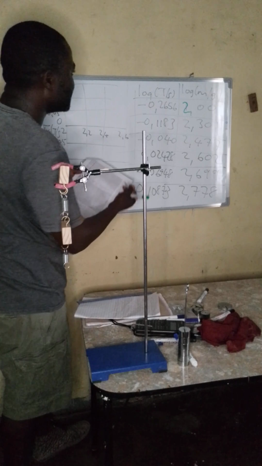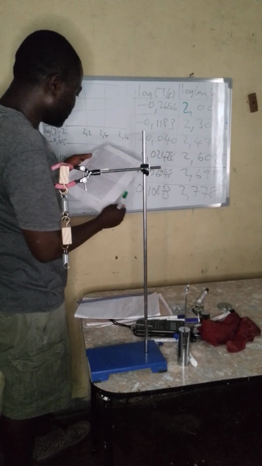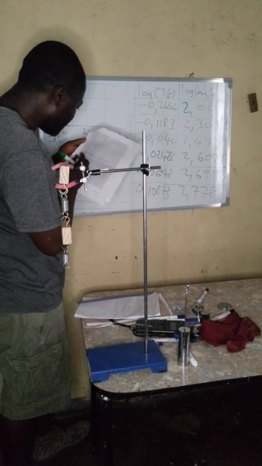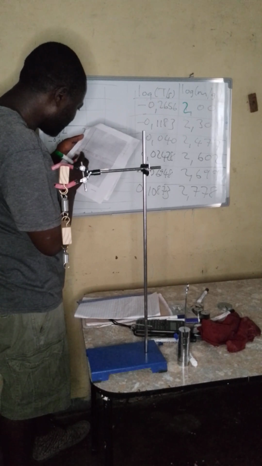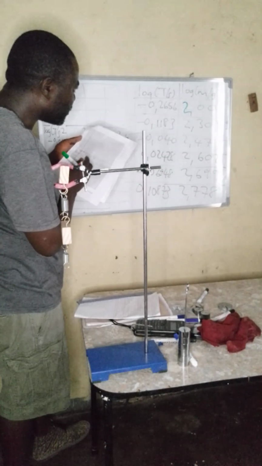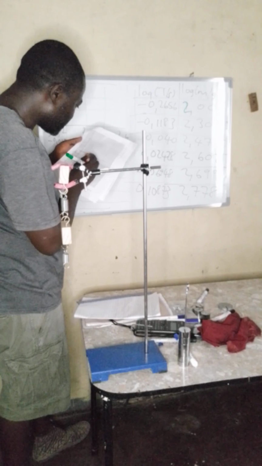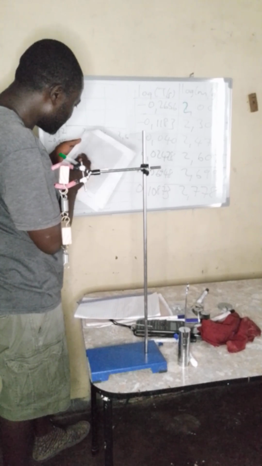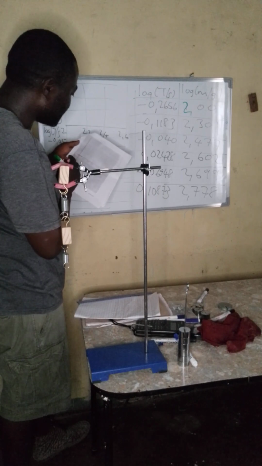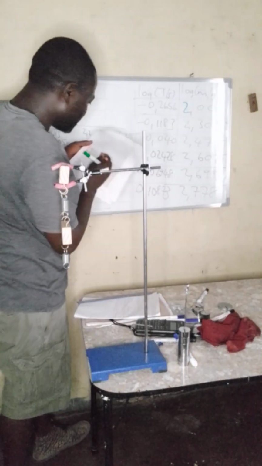Then minus 0,04 against 2,477, which can be 2,5. You should be able to interpret your scale. So I have plotted this point.